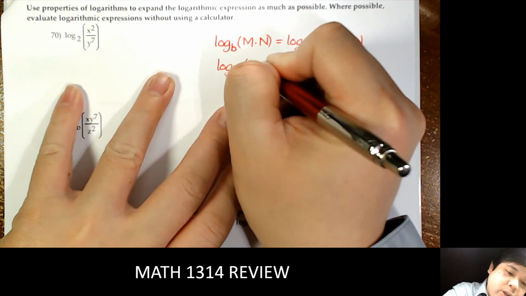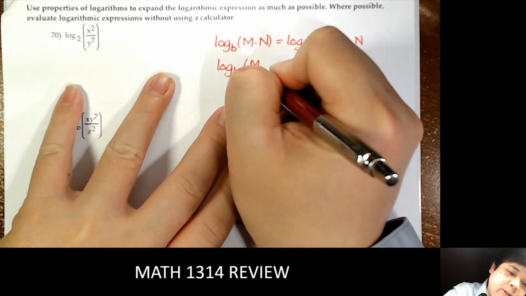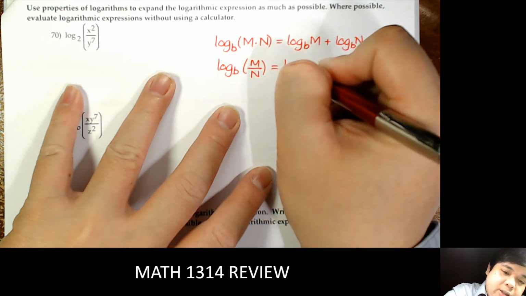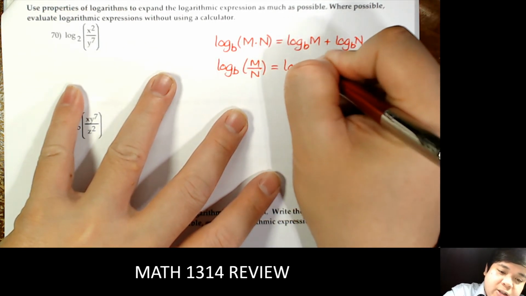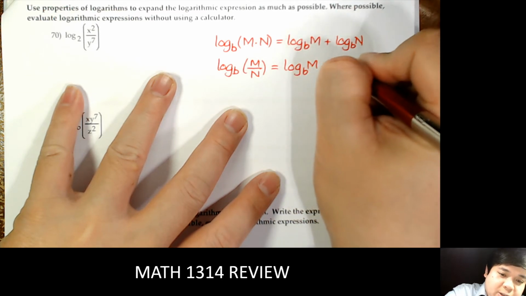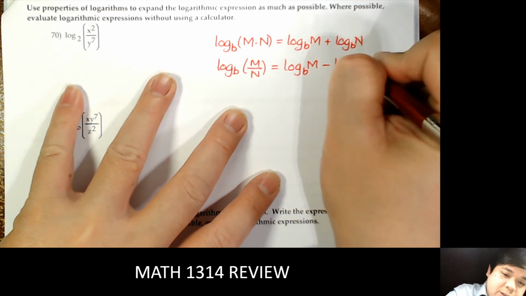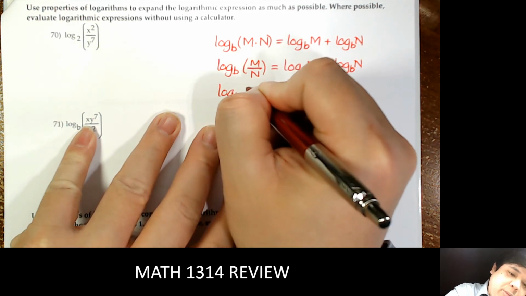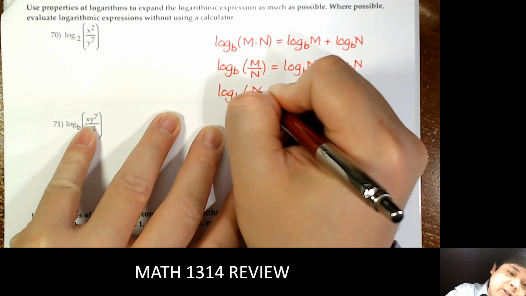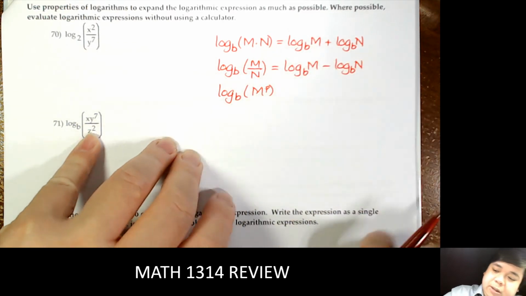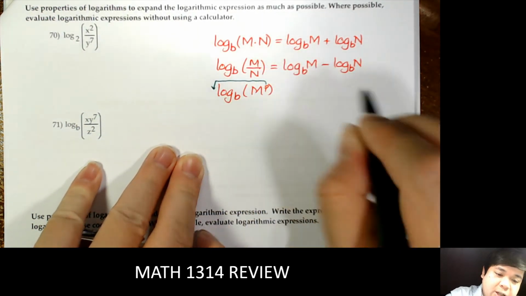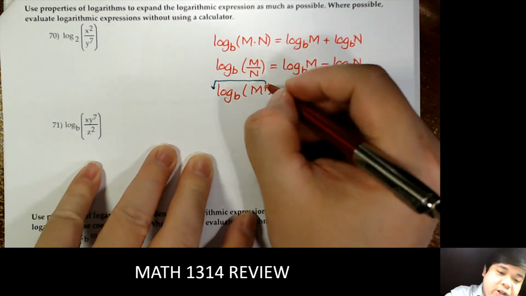Log of a quotient is a difference of the logs. And if we have log of a power, we can take the power outside as a coefficient.